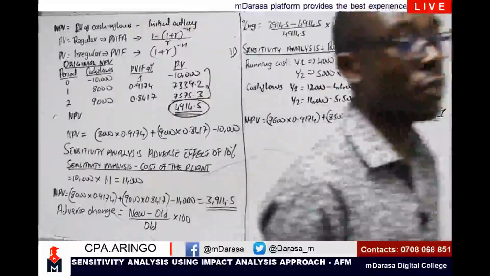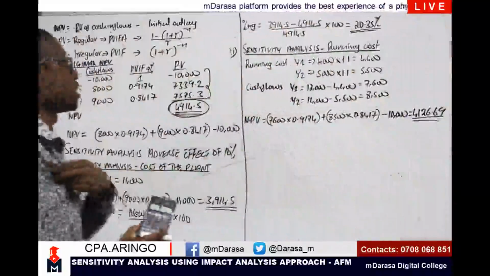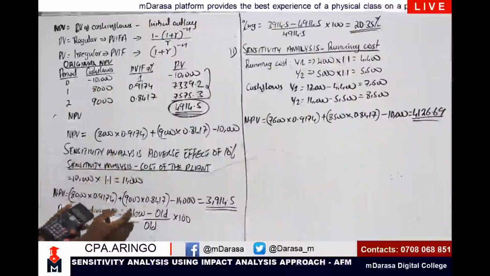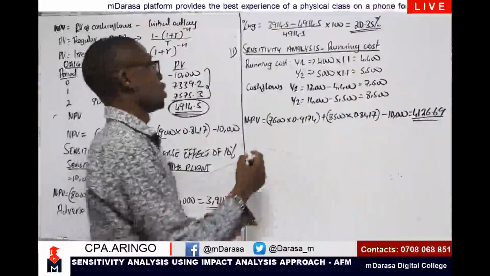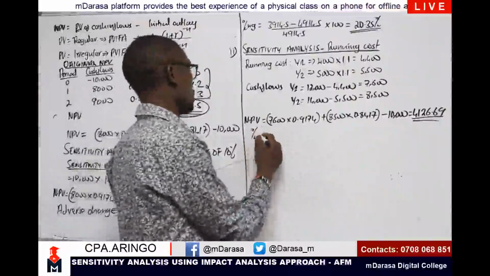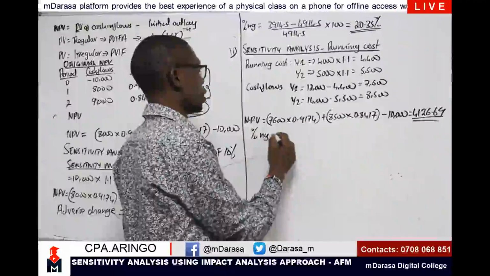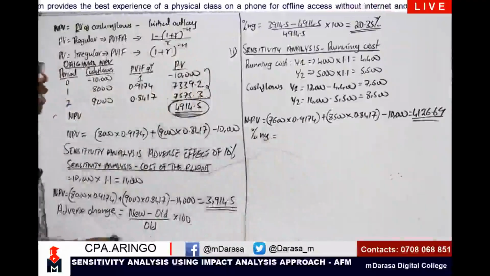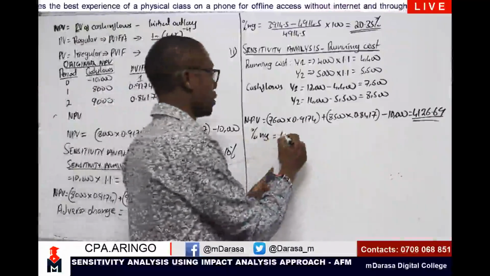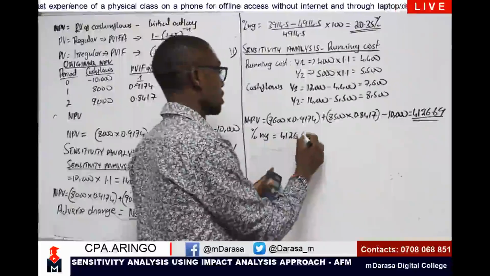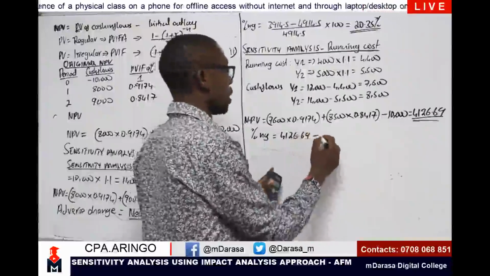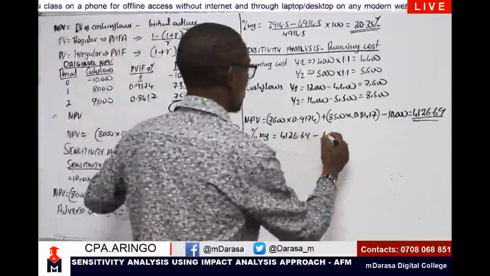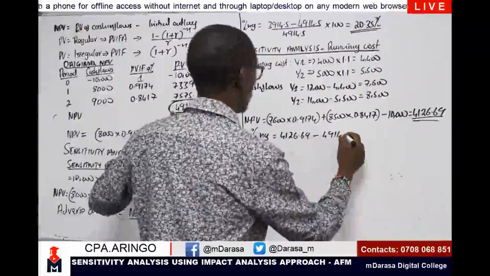So once we have that in mind, things will be very easy here on our end, basically to determine our percentage change. So what will be our percentage change here? In that case, we are looking at the adverse change. I should be having our new NPV, 4,126.69, minus our old NPV, which was original, 4,914.5.